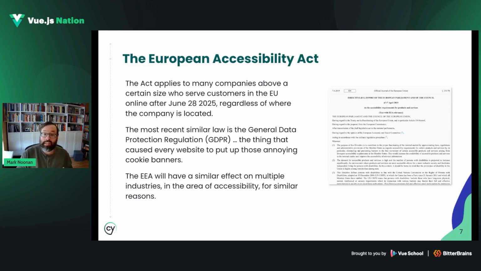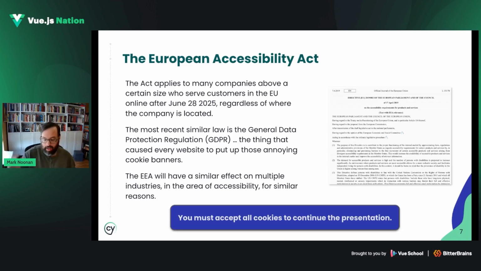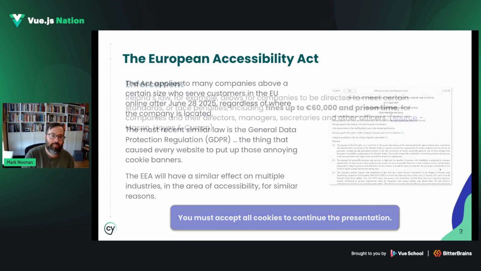To me, that's the most similar impact in recent memory of what we're expecting with the European Accessibility Act, where the European Accessibility Act is actually going to affect a lot of companies internationally simply by doing business with consumers within the EU.